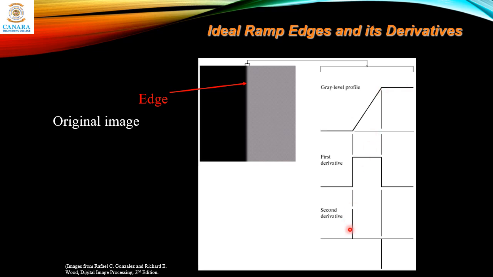But just observe how the second derivative behaves. At the onset of the ramp, it gives an indication with an impulse kind of response, and at the termination of the ramp, it again fires another indication, and in the middle, during the ramp, it is flat. There is no response from the second derivative.